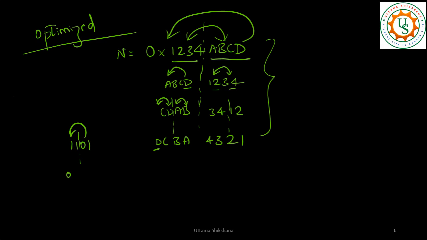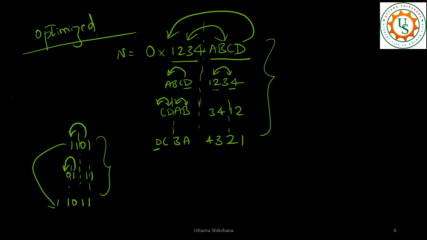So it should become 0 1, and this will become 1 1. Once these 2 bits are swapped, now you should target each bit. This bit should reverse with this bit, so it will become 1 0, then this will become 1 1. Can you see that this is completely reversed? And if you apply a similar thing for the others, C, B, A, everything will be done in one shot.